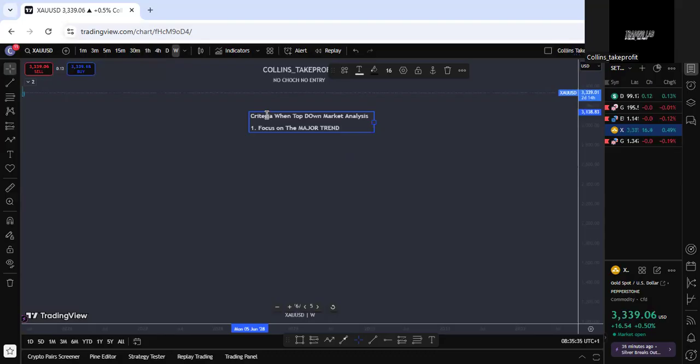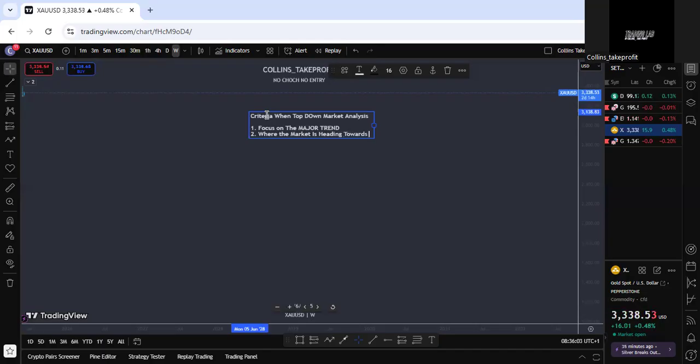Then secondly, you need to know where the market is heading towards.